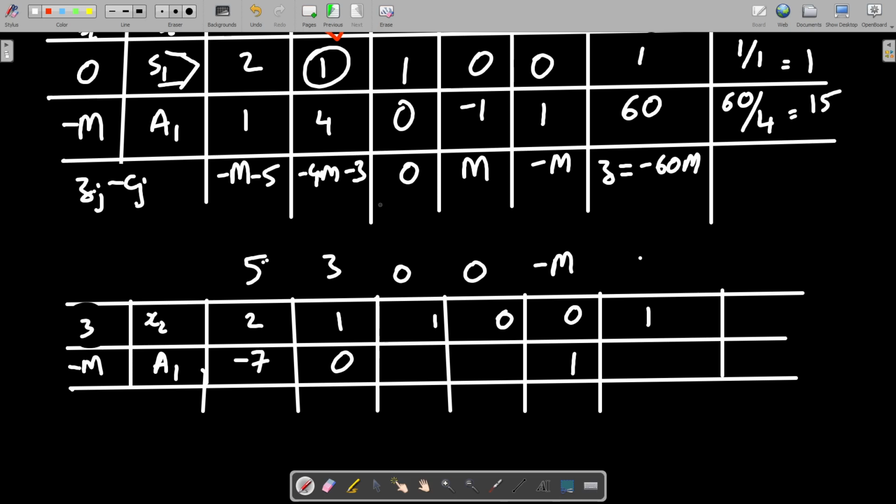Next you have 1 into 0 minus 4 into 1. So minus 4. Sorry, just minus 4, not 4M. Next, this into minus 1. 1 into minus 1 is minus 1. So again this is minus 1 only.